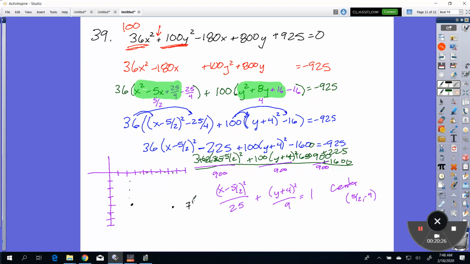So 7.5 and negative 4. And I'm supposed to go this way, 5. So that's going to be negative 2.5. So negative 5 halves and negative 4. And in the y direction, we're going to go up 3. So 1, 2, 3. So that point is 5 halves and negative 1. Then we go 1, 2, 3, 5 halves and negative 7.